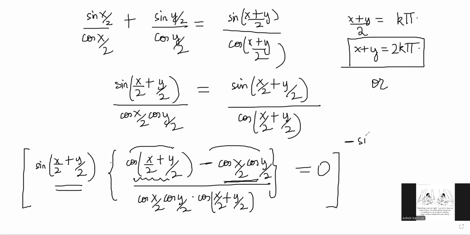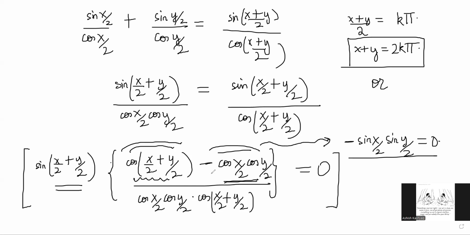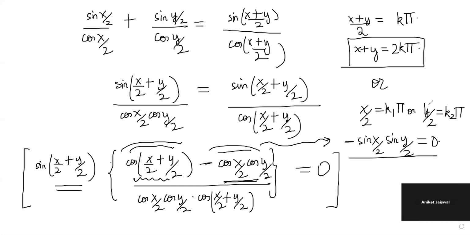So you'll have simply minus sin x by 2 minus sin y by 2. If you expand this and write it, subtract this, you will get this thing on top, right? So the other option is either x by 2 is equal to k1 pi or y by 2 is equal to k2 pi. So x is 2k1 pi or y is 2k2 pi.